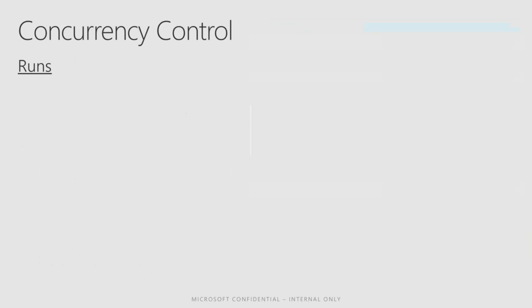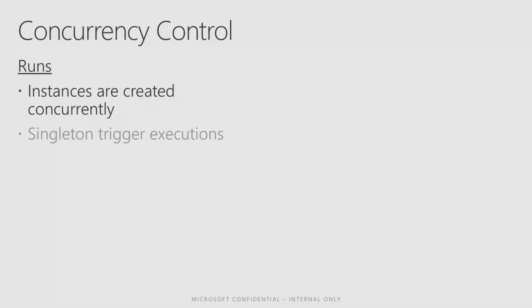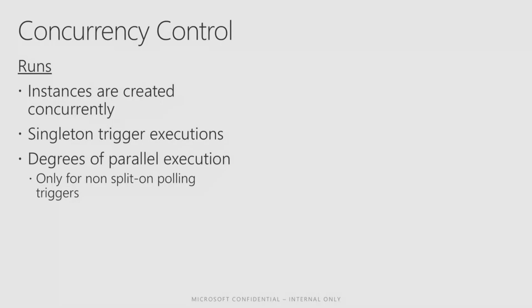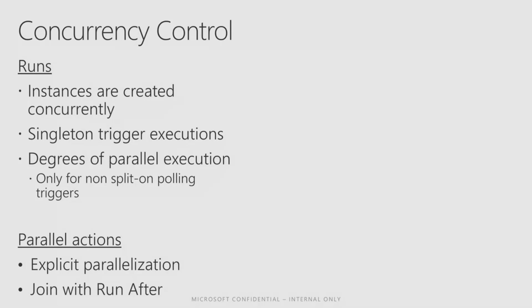You also do concurrency control. So if you do, be it a trigger or a get function, that brings back an array of multiple items, you don't have to run those in series. You can run them in parallel, and you can just control how many instances through that.